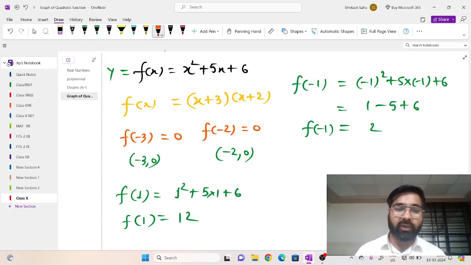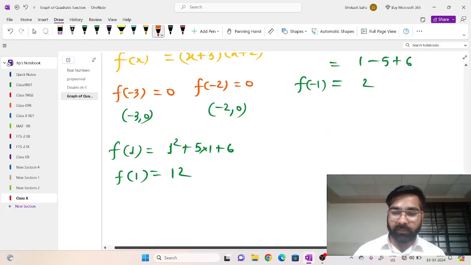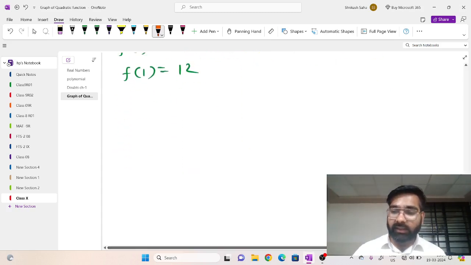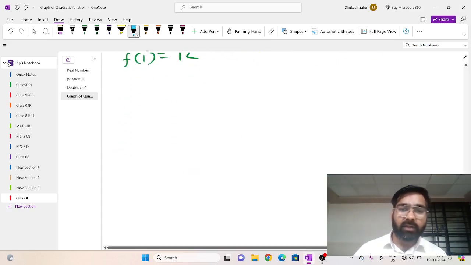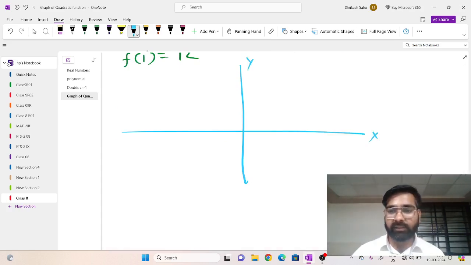So here we get two values for which y is completely 0. If y is 0, then we say that these 2 points lie on the x-axis. Here we take a graph, with y and x axes.